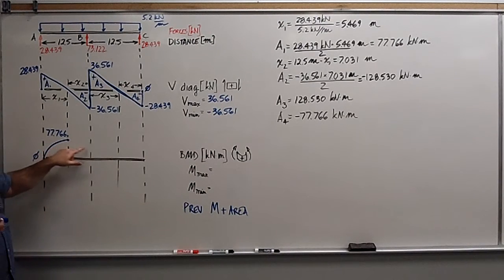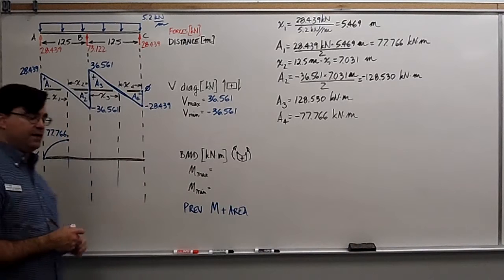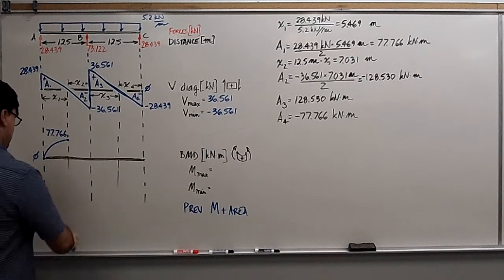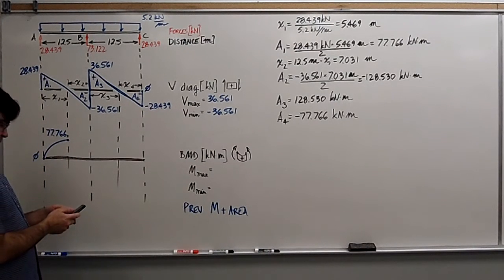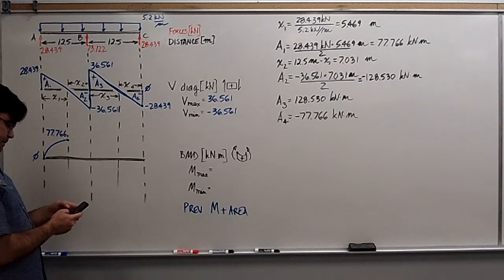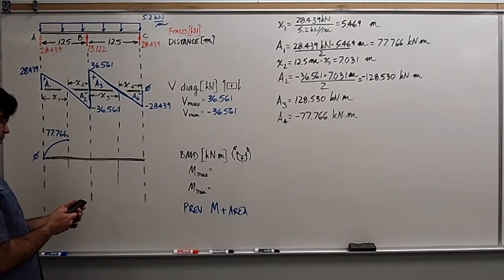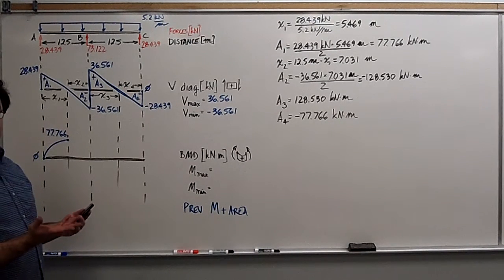Okay? Now I want to move to this next other line. How do I do that? Previous moment plus area. Previous moment, 77,766, plus this area. So that becomes minus 50.764.